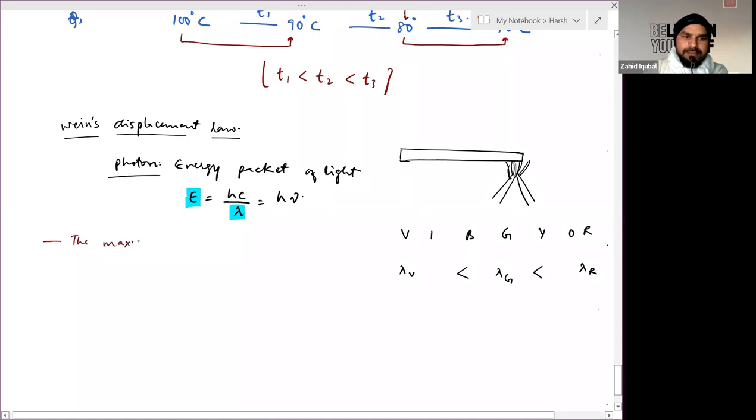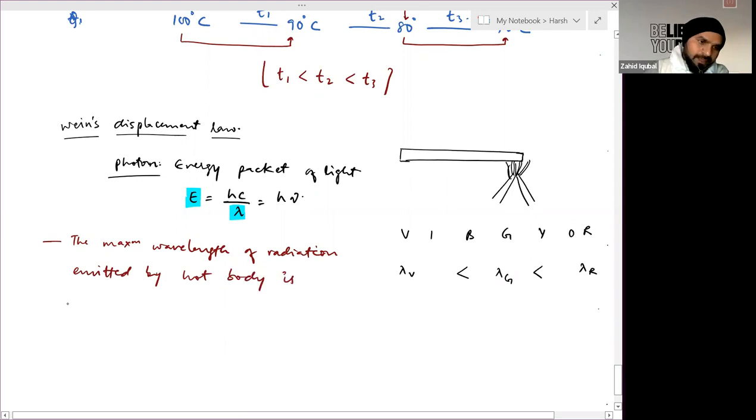So from this part, we can say the maximum wavelength of radiation emitted by a hot body is inversely proportional to its absolute temperature.